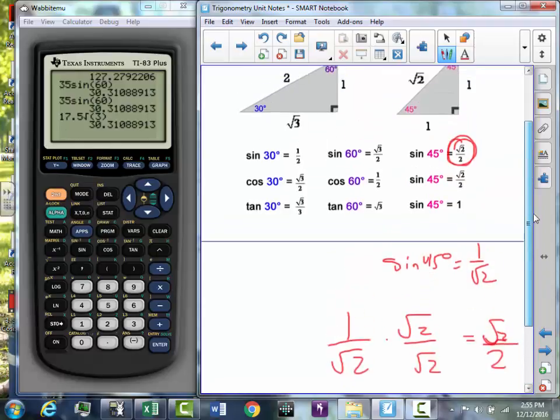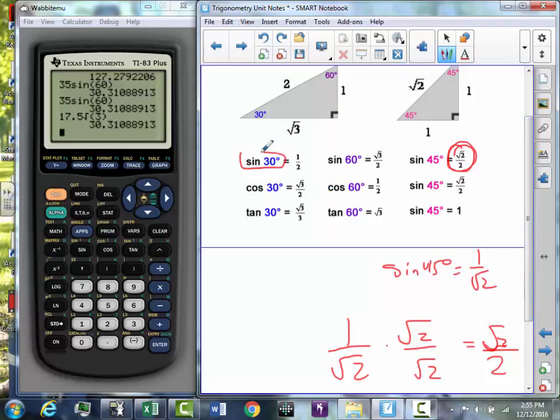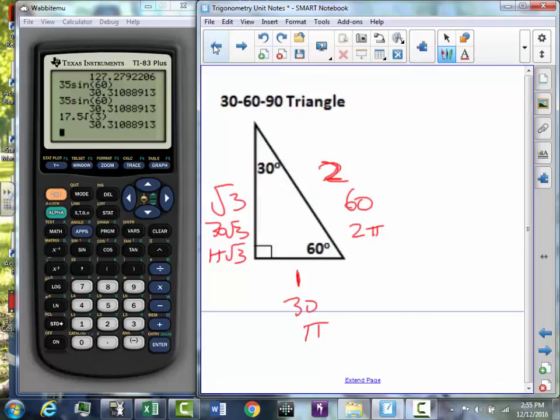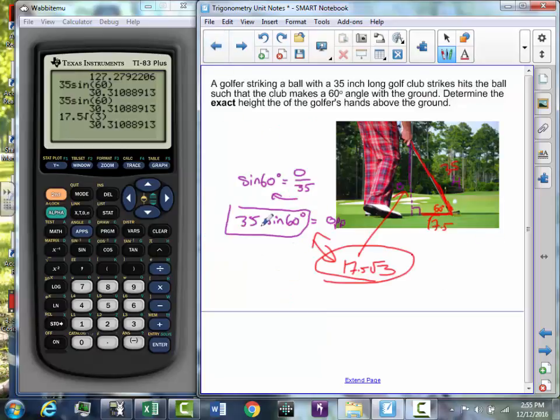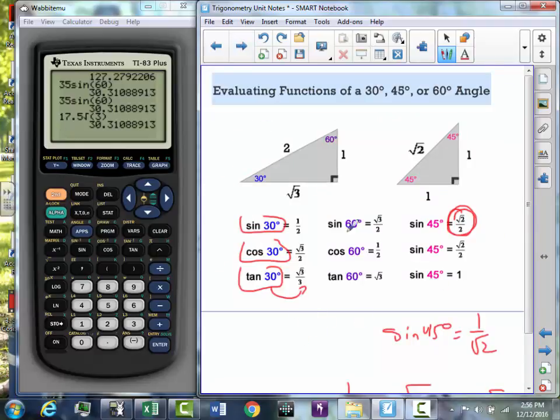What I'm going to do here is every time that I see the number sine 30 or cosine 30 or tan 30, I'm just going to substitute this in its place. That's kind of the easiest way of doing it. So you know how back here on the golfer example, I had 35 sine 60? Whenever I see sine 60, I'm going to go to the chart and see, well, what is sine of 60? Sine of 60 is root 3 over 2.